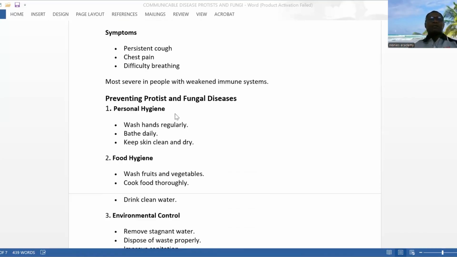So how can protist or fungal diseases be prevented? They can be prevented by engaging in high personal hygiene, washing hands regularly, eating good food, and keeping our skin and clothing clean and dry.